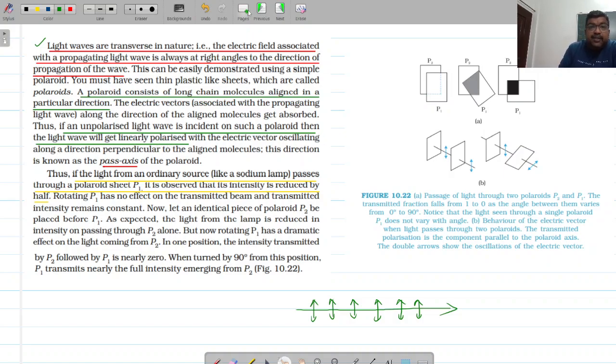Now why does this happen? Suppose you have a light wave propagating in this direction, and you have an electric field oscillating in this direction.